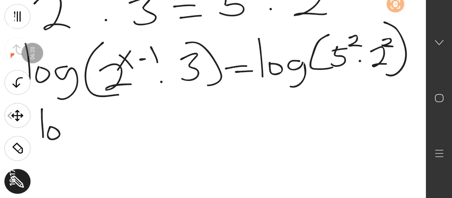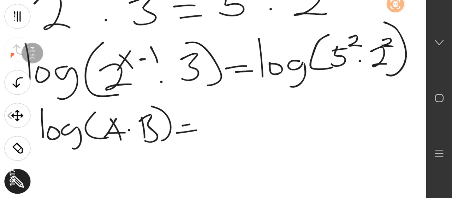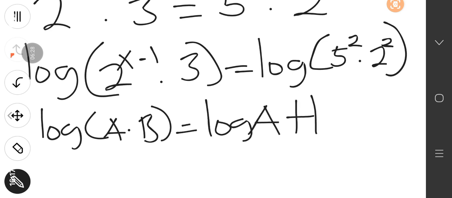If you have log a times b, this will give us log a plus log b.